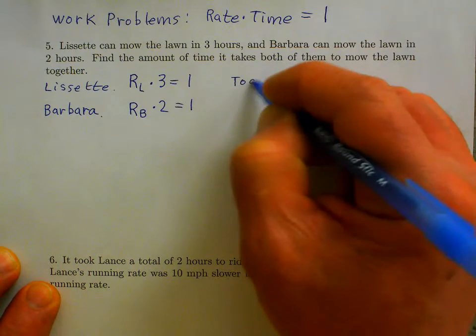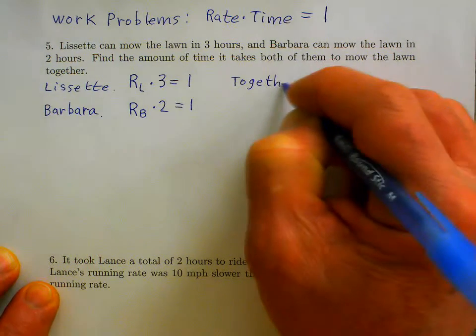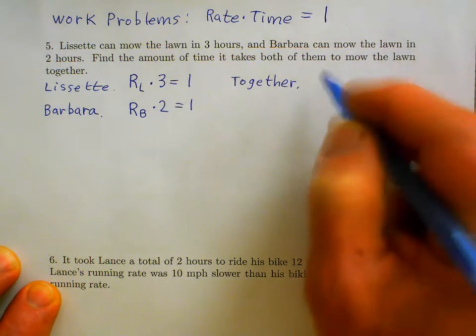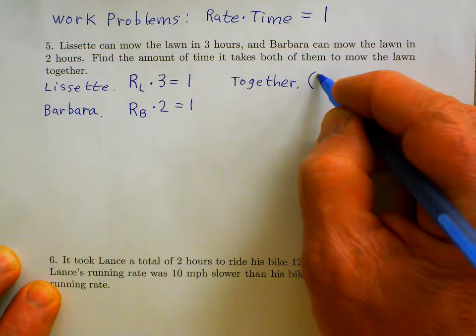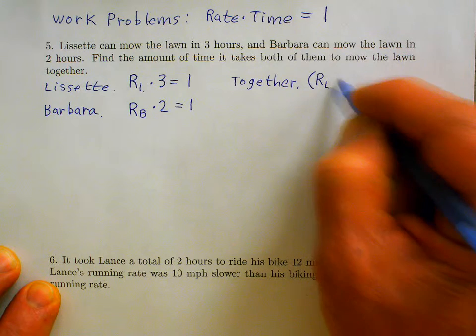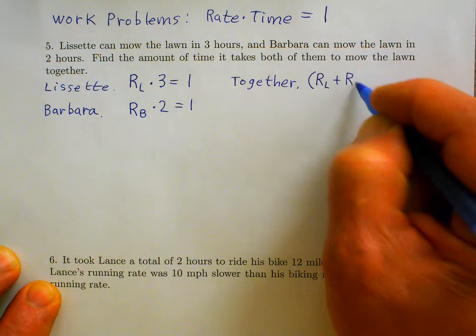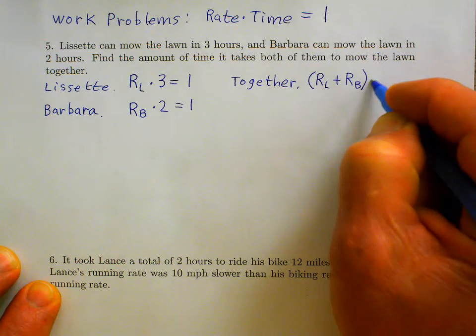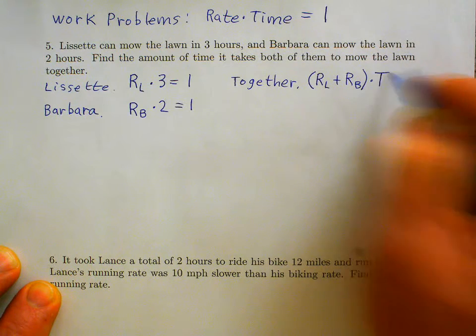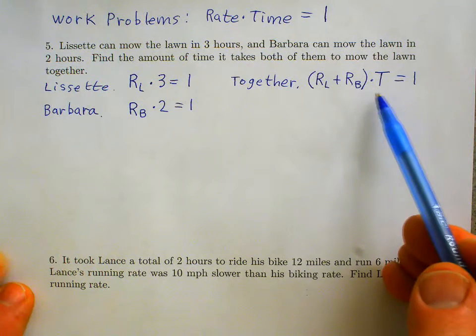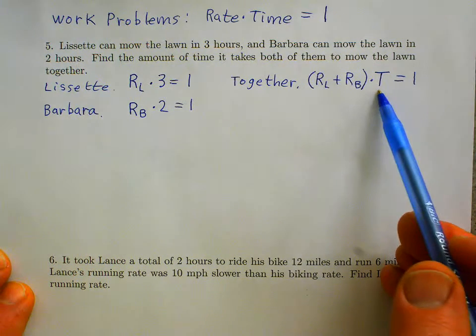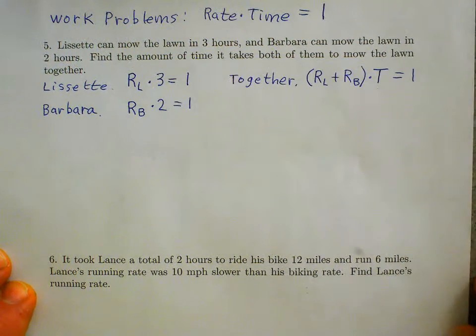Okay, so if they mow the lawn together, the overall rate will be Lizette's rate plus Barbara's rate. And in a certain amount of time, they will mow one lawn. We do not yet know how much time it's going to take them to work together. That's what we're supposed to find.